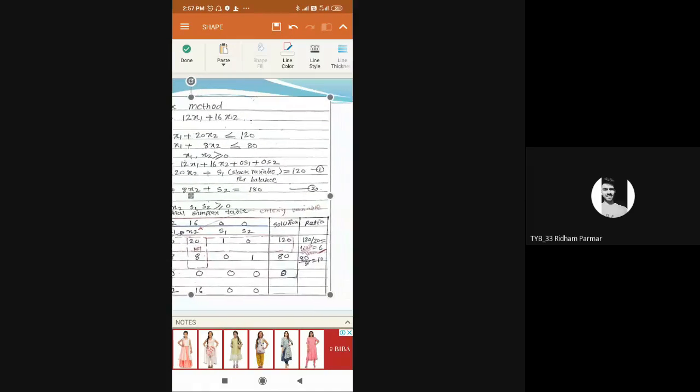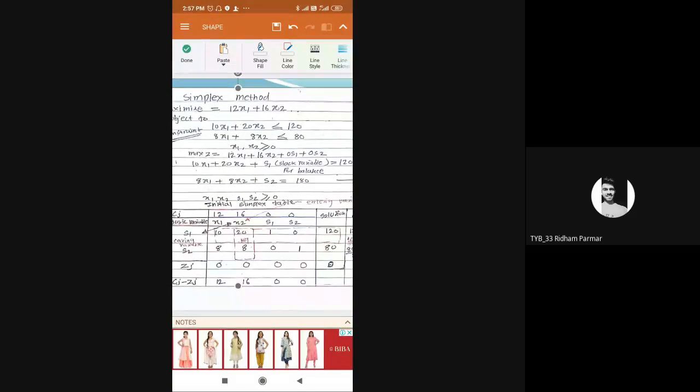One column is the solution, and the last column is the ratio. Below this you write x1, x2, s1, s2, and below the Cj you write the basic variables s1, s2. Now you have to prepare the chart this way using the above equation.